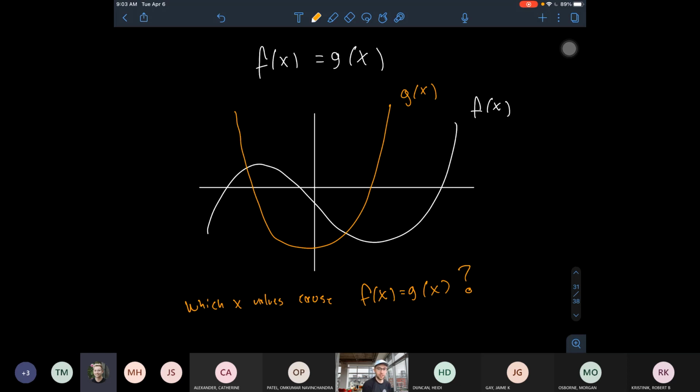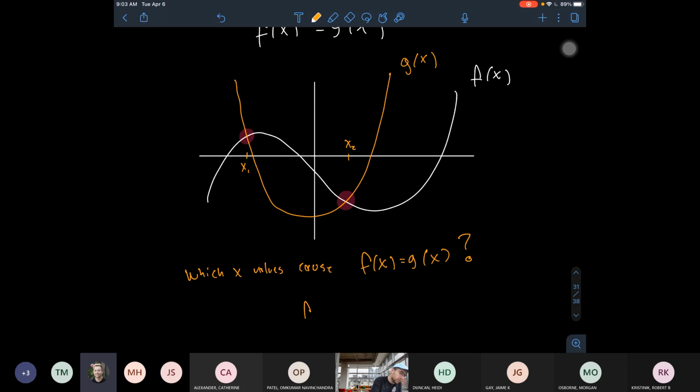That's what I'm looking for, Justin. They should intersect. We have f of x equal to g of x whenever the graphs of these two functions cross. So for these two x values, x1, and call this one x2, we have f of x1 equals g of x1, and f of x2 equals g of x2.